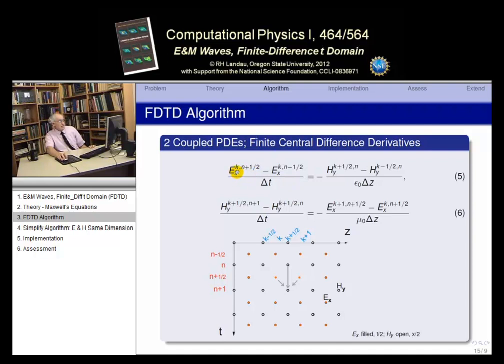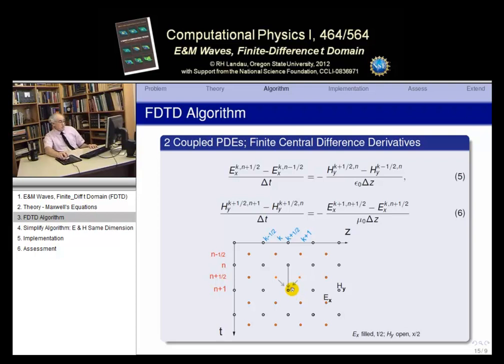We see that the time derivative of E determines the space derivative of H. The time derivative of H determines the space derivative of E. That's good. And now we have, in actuality, 2 interlaced grids. It's another time staggered technique, except here we're staggering not just time, we're also staggering space.